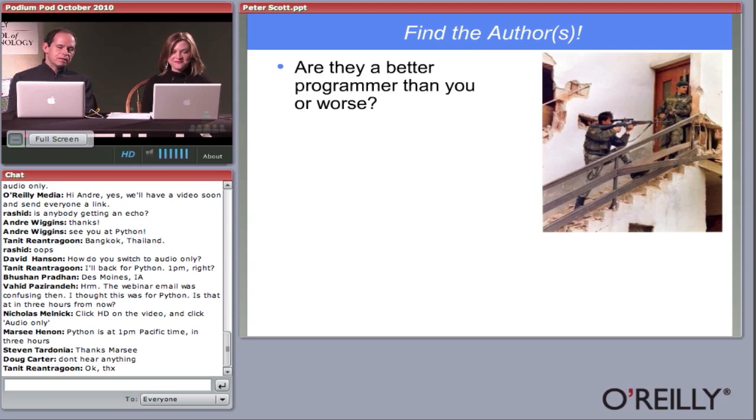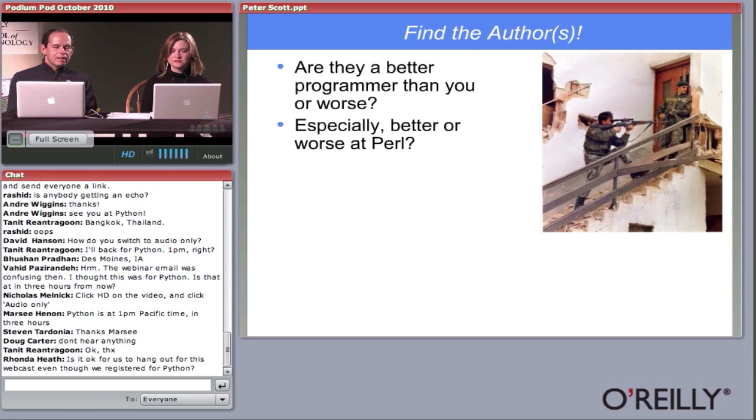So if you find yourself presented with code that you've been asked to take over, probably the best thing you can do is go and find the author, whatever it takes, and find out, first of all, are they a better programmer than you, or worse, especially better or worse at Perl, because that helps you answer questions when you're looking at their code. The most common one you're going to have is, why did they do it this way?